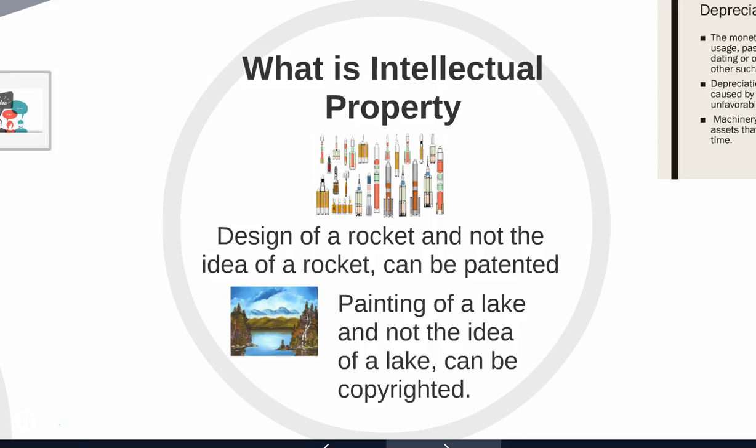The consumer recognizable logo, that is trademark, not the idea of a logo. So, these patents, trademarks, copyrights, etc. are intellectual property, and they protect how we express and identify ideas in concrete ways. Not the idea itself. It's the expression of these ideas.